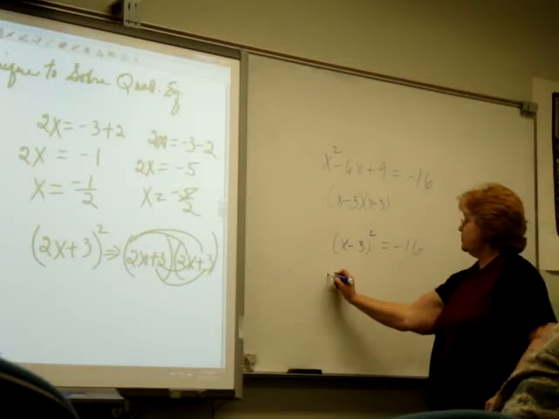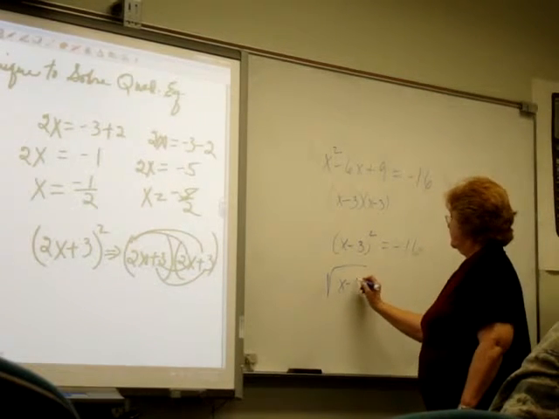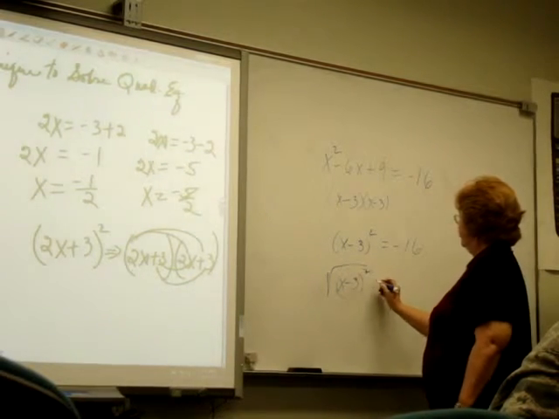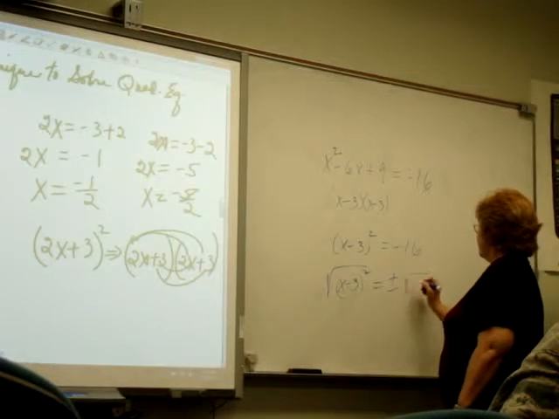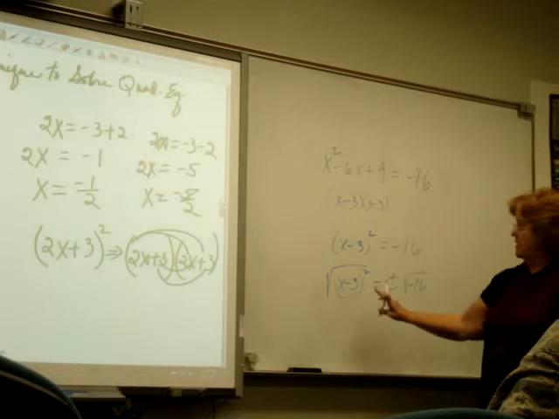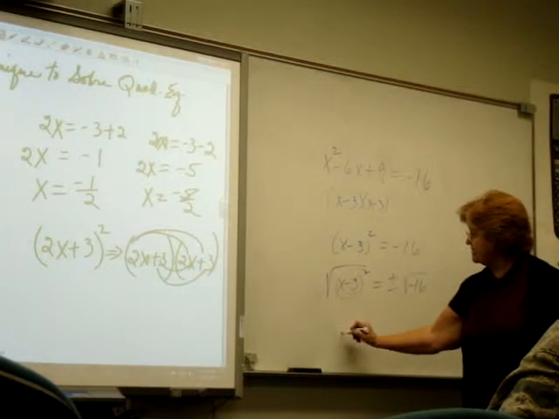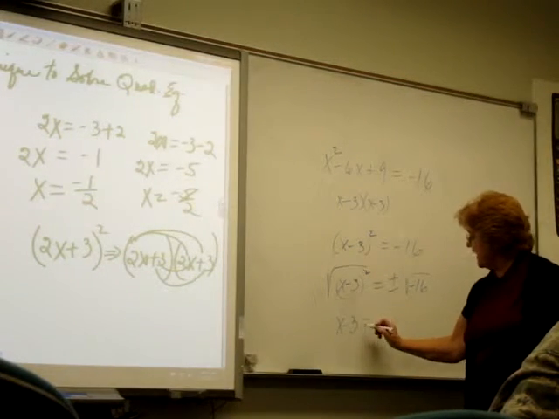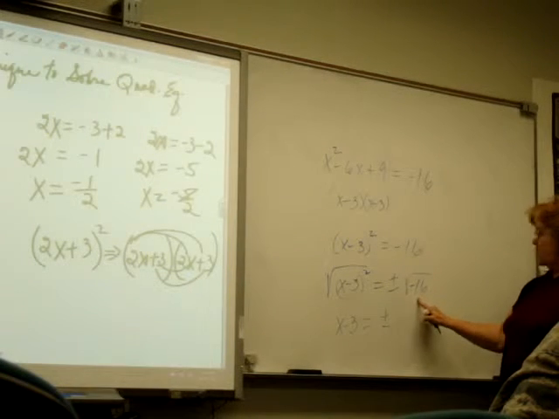Now apply your square root technique. Plus or minus the square root of a negative 16. The exponent and the root are the same, so that base of x minus 3 comes out. But what's happening over here?